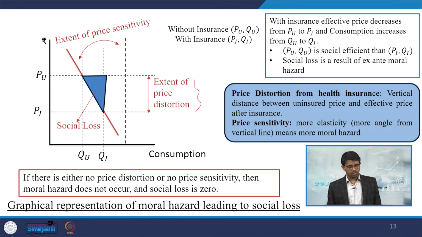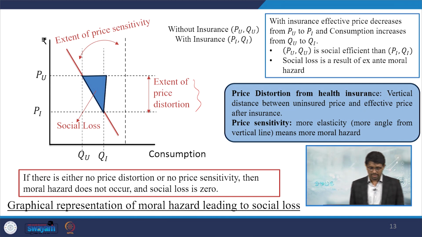In the case of the extent of price sensitivity, if it changes and price becomes responsive enough, the demand curve in this diagram is flatter or relatively flatter. When it is inelastic, the price is insensitive. In that case, it is not the price distortion that really matters so far as moral hazard is concerned. If there is either no price distortion or no price sensitivity, then moral hazard does not occur.